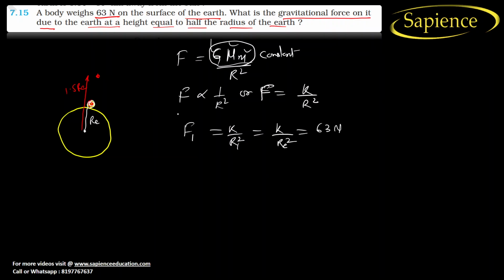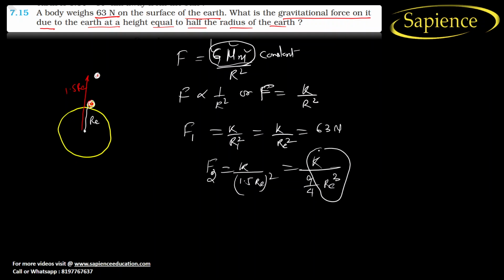Now we want the force when it reaches this surface, which is at a distance of 1.5 times RE, because it is at half of the radius. So F2 is equal to K by 1.5 into RE whole square. So 1.5 means 3 by 2, so K by 9 by 4 RE whole square.